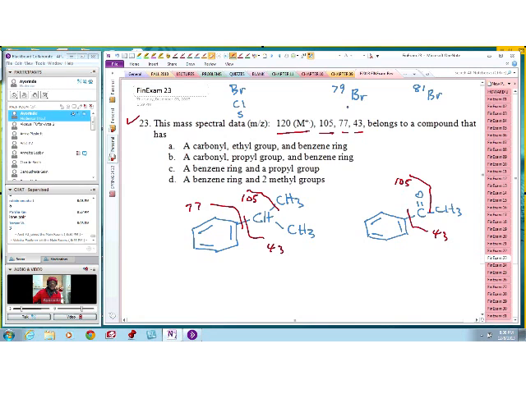Now, bromine 79 in nature is, let us assume it is 100%. If you take a sample of bromine in nature, 100% bromine 79, and relative to that, we will say the bromine 81 is about 98%. So what does that mean?